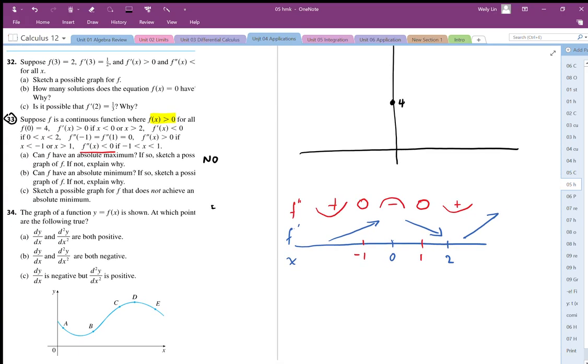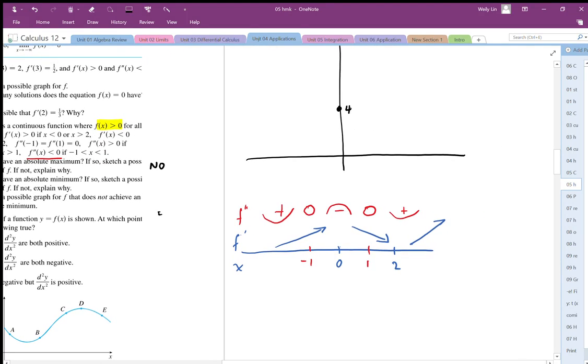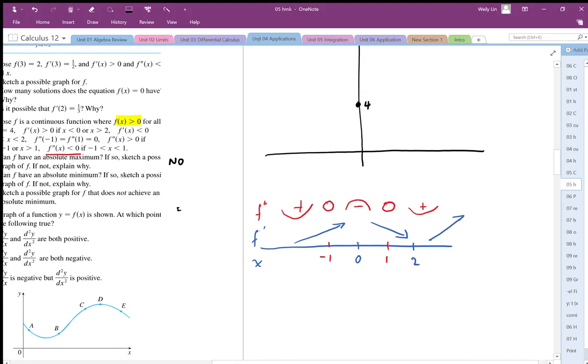For part B, it says, can f have an absolute minimum? If so, sketch a possible graph. If not, explain why. So if we take a look at this graph here, we know that the graph has to be greater than 0, so we can't cross the x-axis. And we could maybe draw it like this.